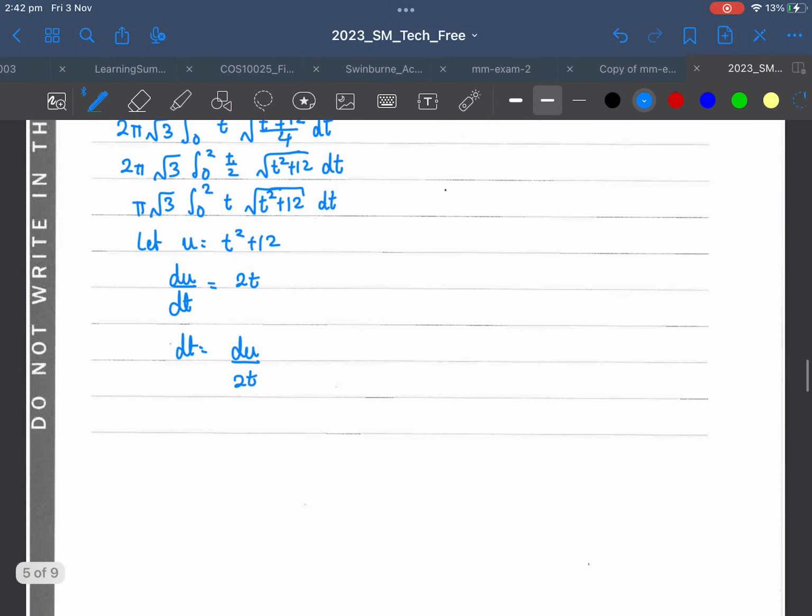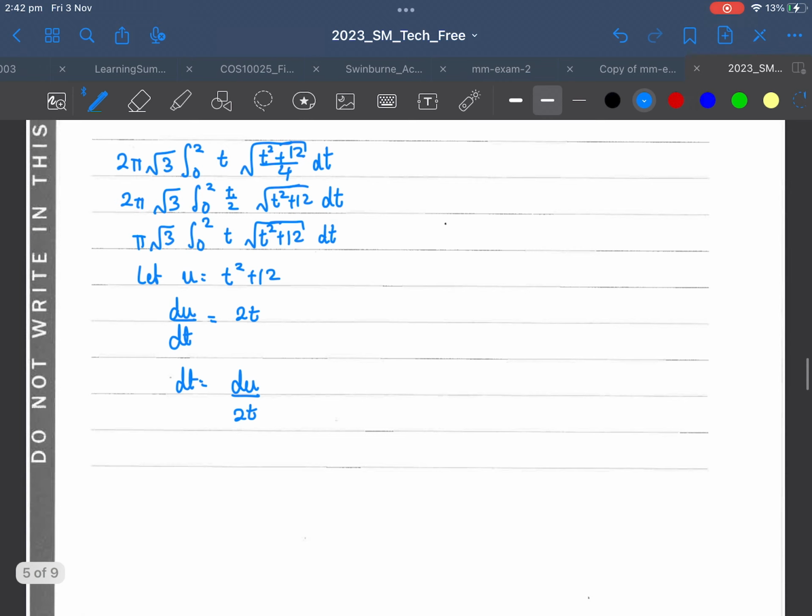So substituting that back, but before I do that I need to rearrange the terminals as well. So new terminals: the first one would be u equals 12 and the other one would be 16.